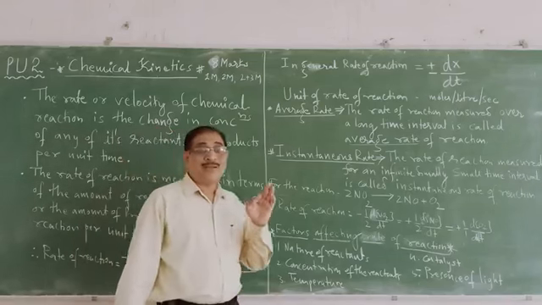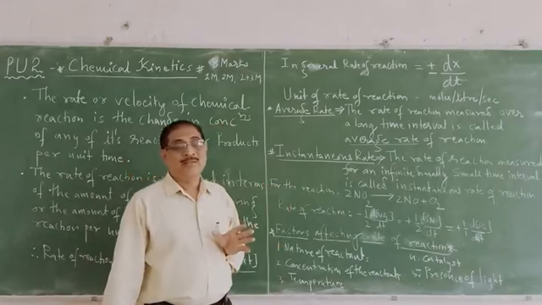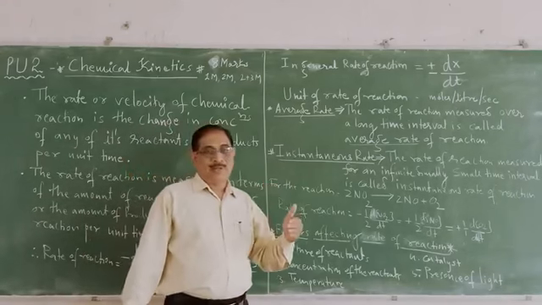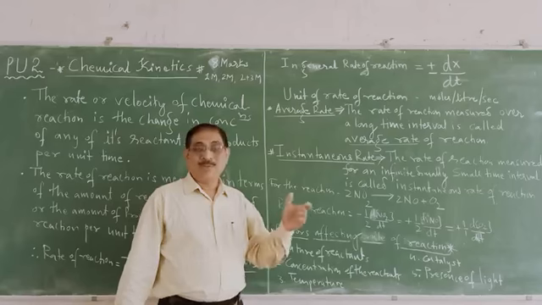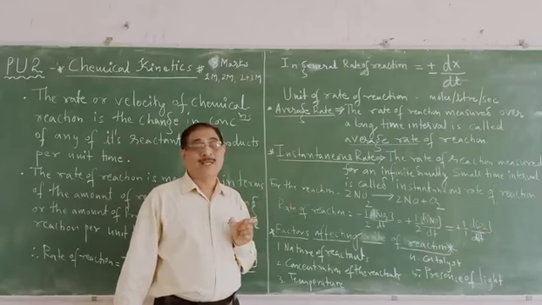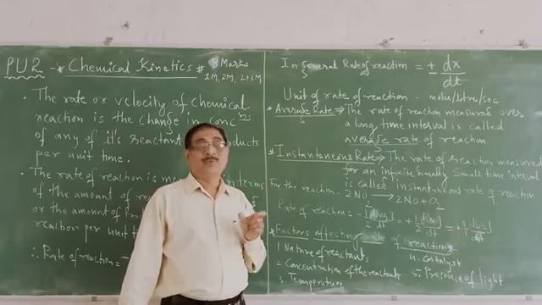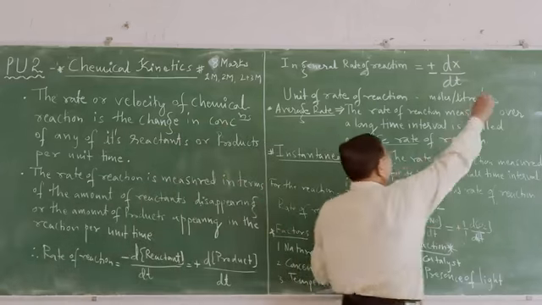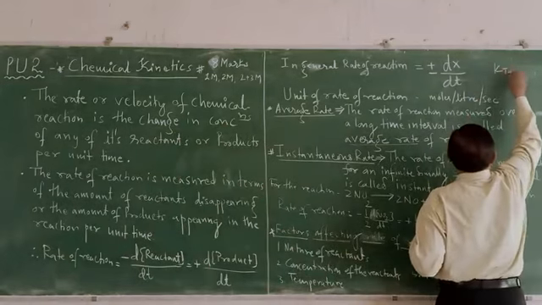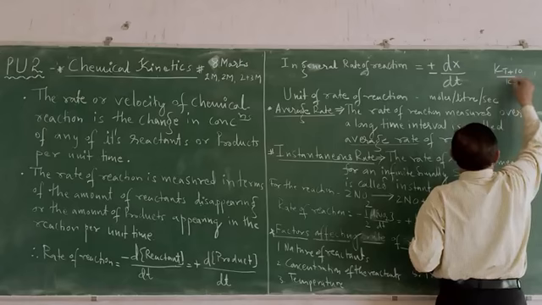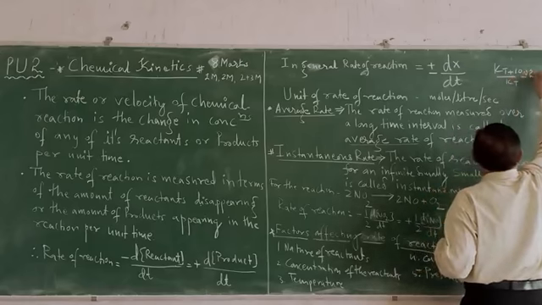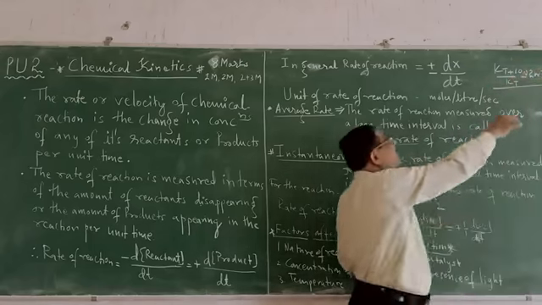Temperature is also an important factor to speed up the reaction. There is one factor, temperature coefficient. What is temperature coefficient? I can write here K(T+10) divided by K(T) is approximately equal to 2 or 3. This is called temperature coefficient.